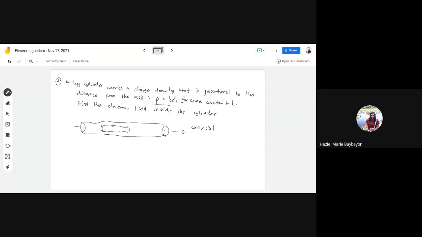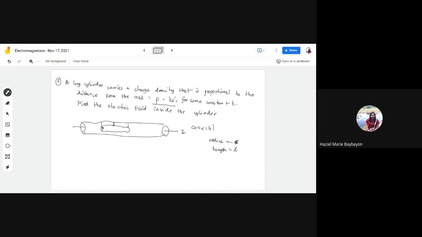Suppose your Gaussian cylinder has length equal to L, and it has a radius equal to S. The radius of the Gaussian cylinder is S, and it has a length equal to L.